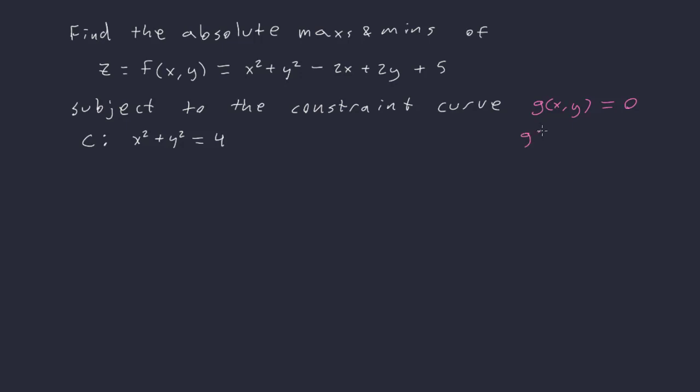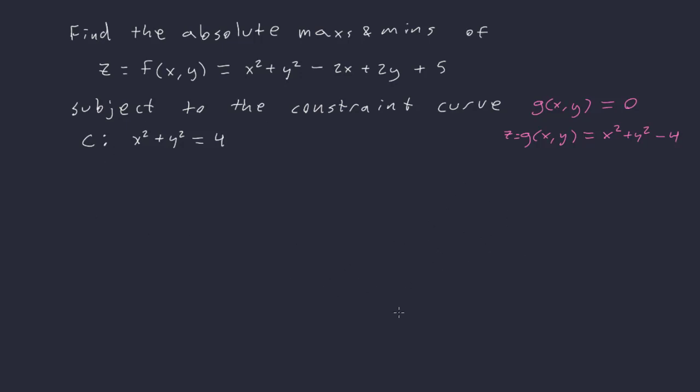Alright, so in this case, our g of x y would be x squared plus y squared minus 4. Okay, so we could call that a particular constraint curve for our surface.